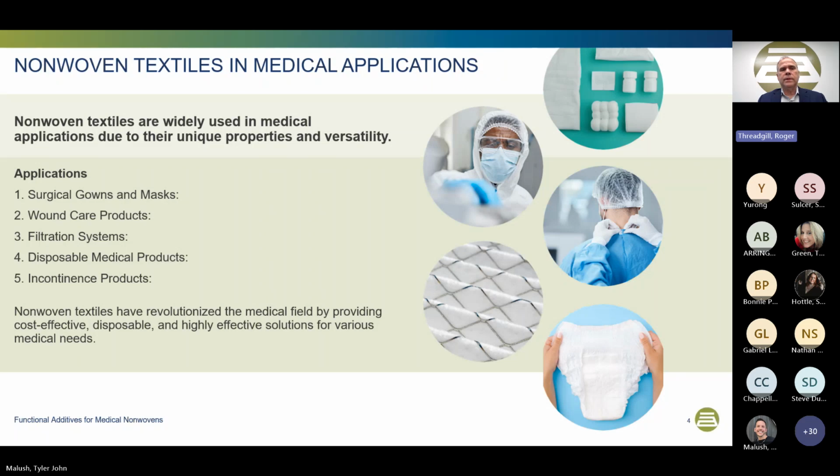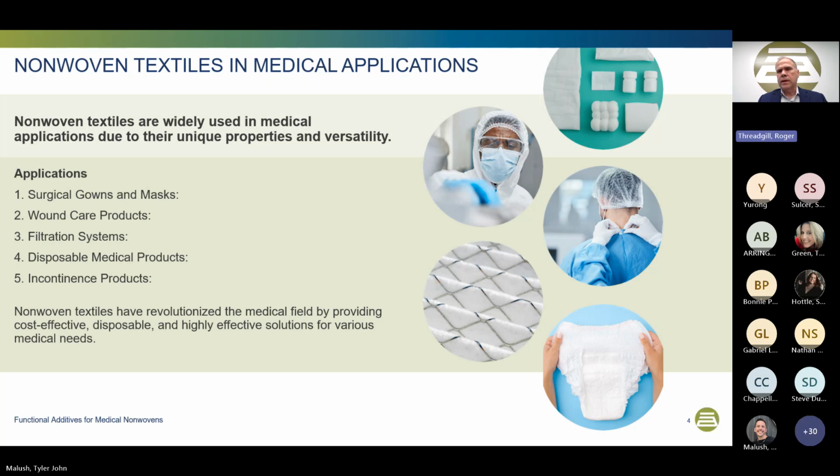Disposables are another place where textiles, especially non-wovens, are used. Materials like drapes, caps, shoe covers, and other things are used to mitigate contamination. And lastly, incontinence products utilize them for the high absorbency and comfort that they deliver. So medical textiles, and specifically non-wovens, do play an important role in the healthcare industry.